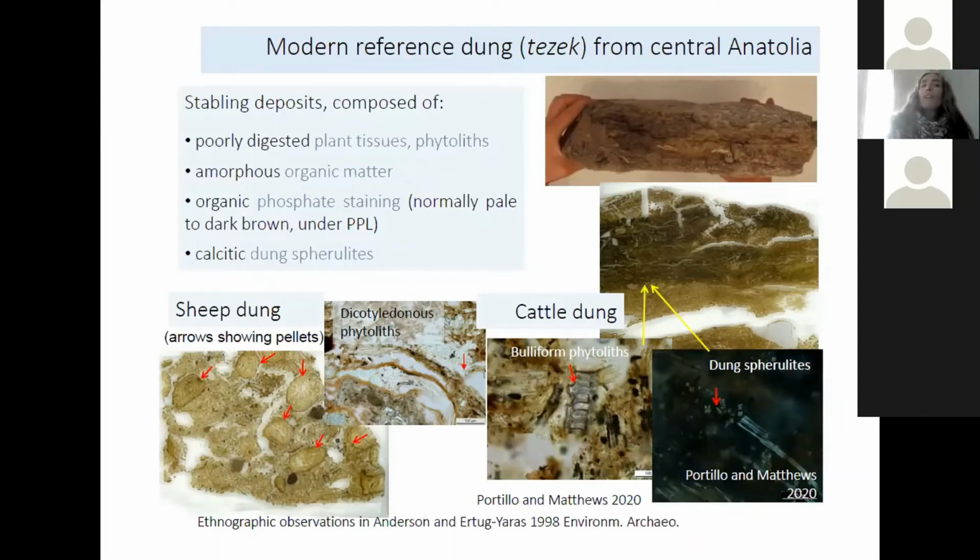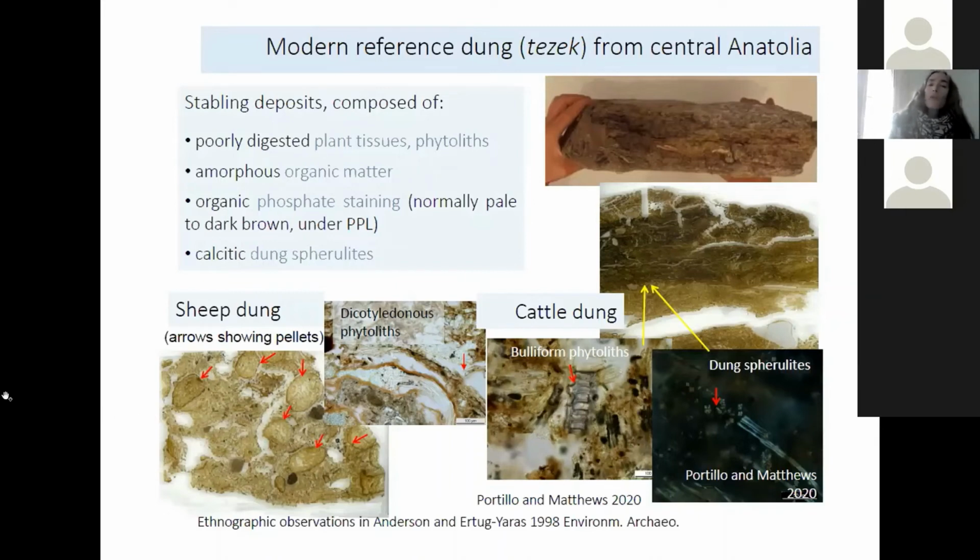organic phosphate staining, which is orange or brown under the plain light of the microscope. And also, of course, large calcitic spherulites. In this case, it is ovicaprine. You can see still the pellets well preserved.